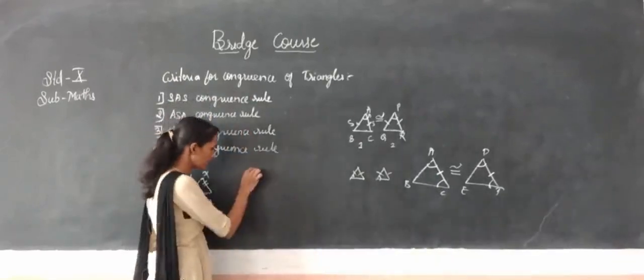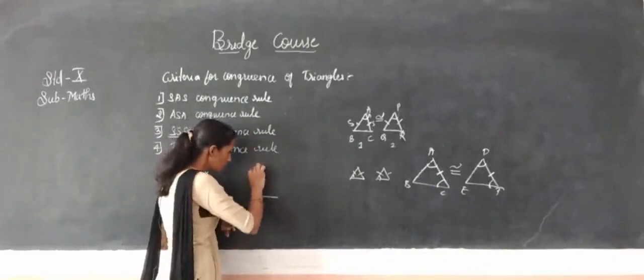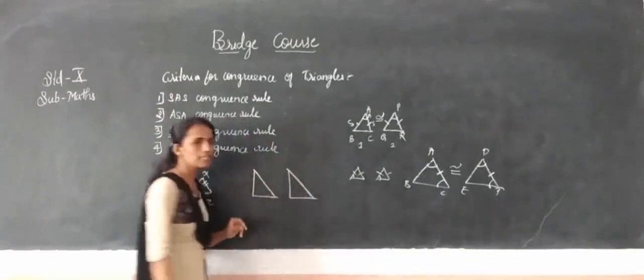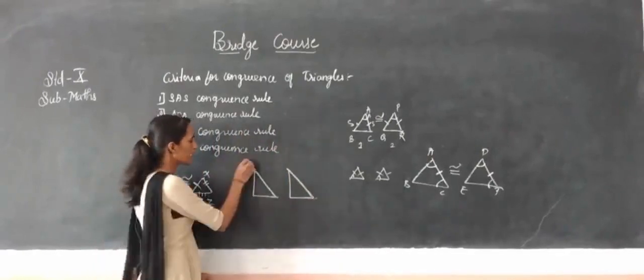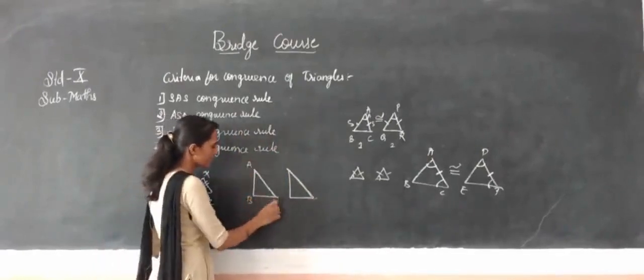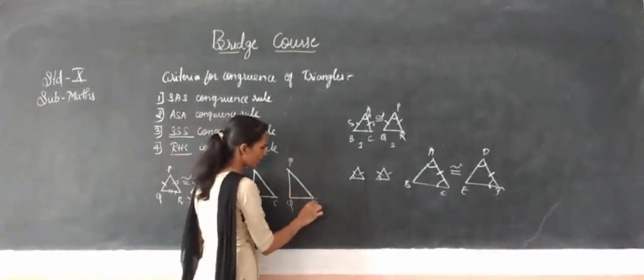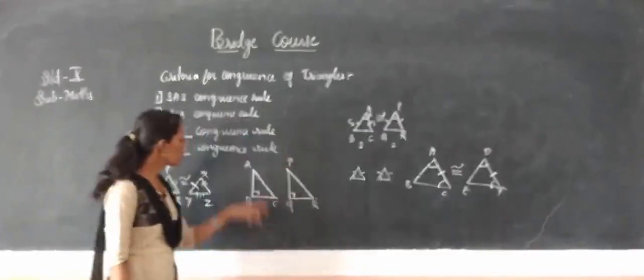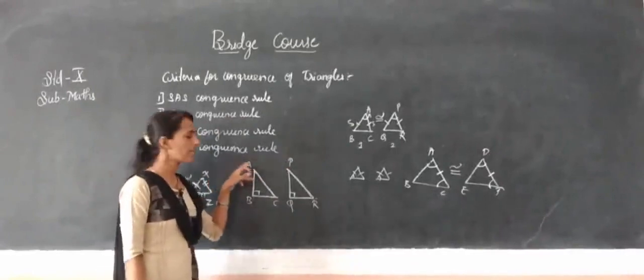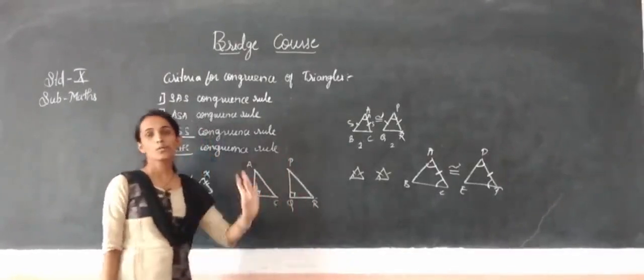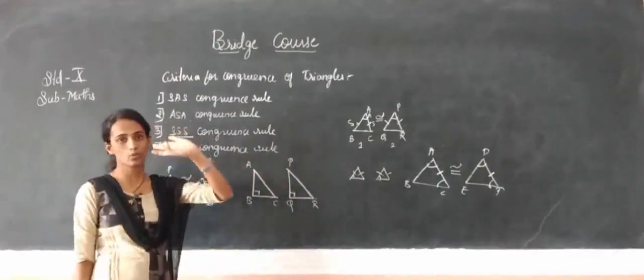So what is the RHS congruency rule? In this rule we must consider right angle triangles. Triangle ABC is right angled at B and triangle PQR is right angled at Q. When can we say that triangle ABC is congruent to triangle PQR using the RHS rule?